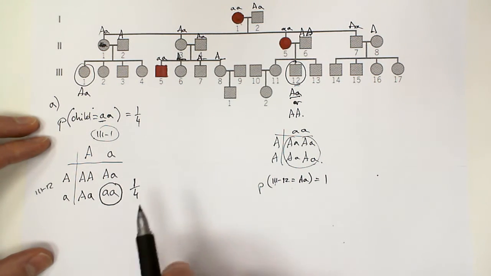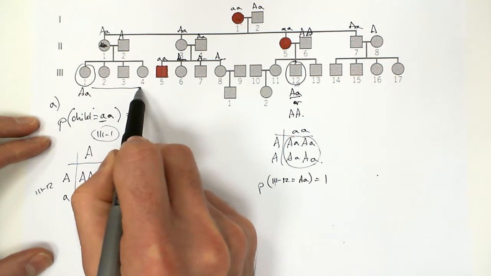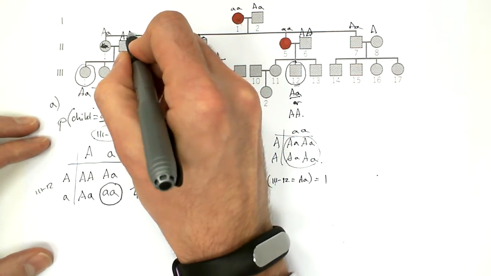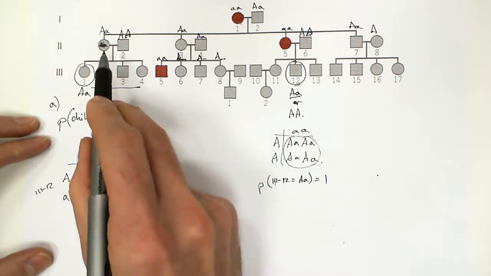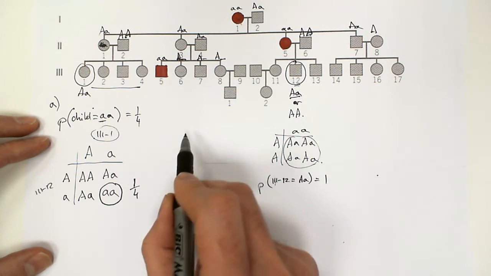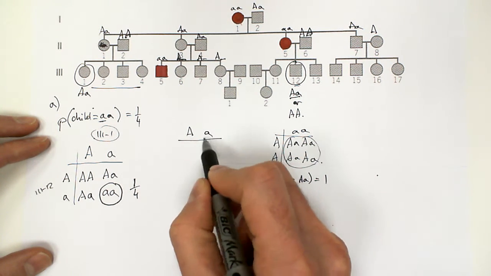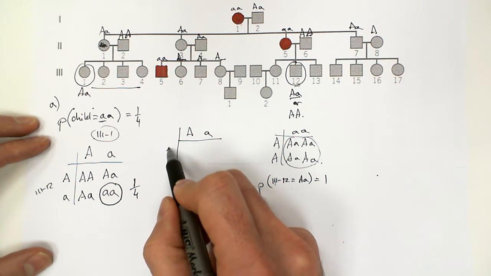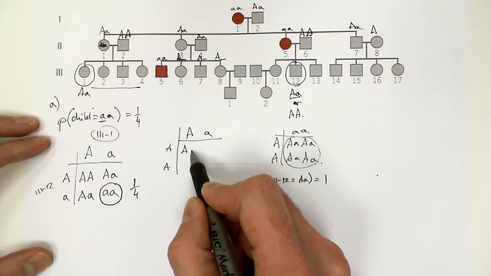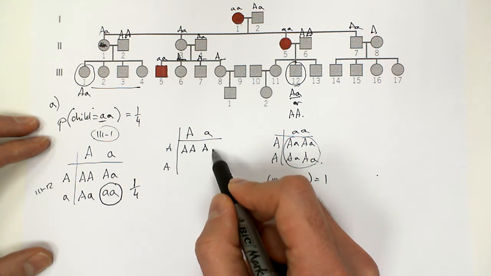Okay. Now for this family, however, again, we have no evidence to tell us that this person here is heterozygous, so we're going to have to assume that they are homozygous dominant. And so in this case, if we were to look at the parents 2-1 and 2-2, mom would donate either a big A or a little a, and dad would donate either a big A or a big A. Okay, so these are the possibilities for individual 3-1.